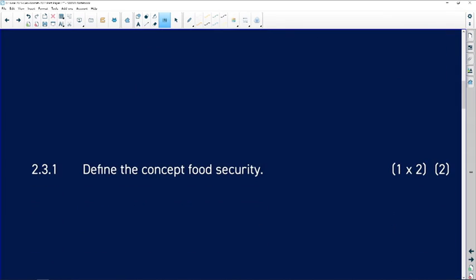Okay, let's have a look at the questions that are being asked regarding this case study. Define the concept food security.